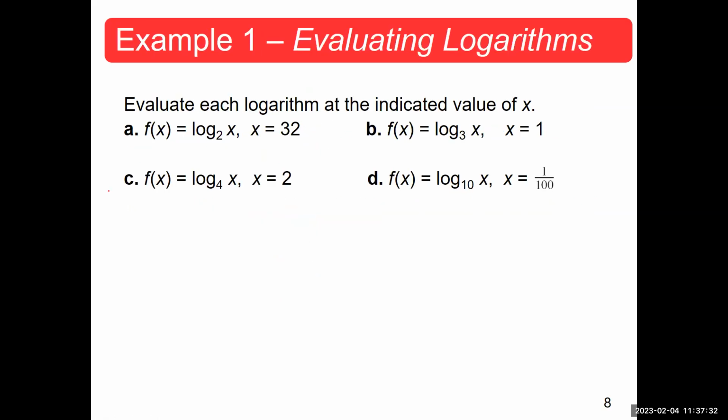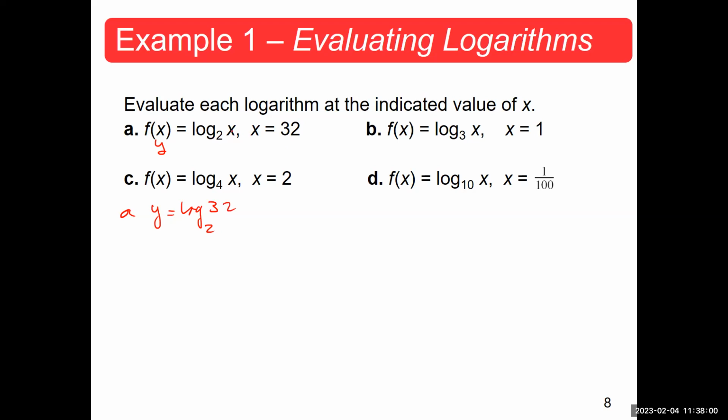Examples. Evaluate for the given X. So the first one, A, I'm going to write it as Y here because it becomes confusing. So I have Y equal log base 2 of X, 32.